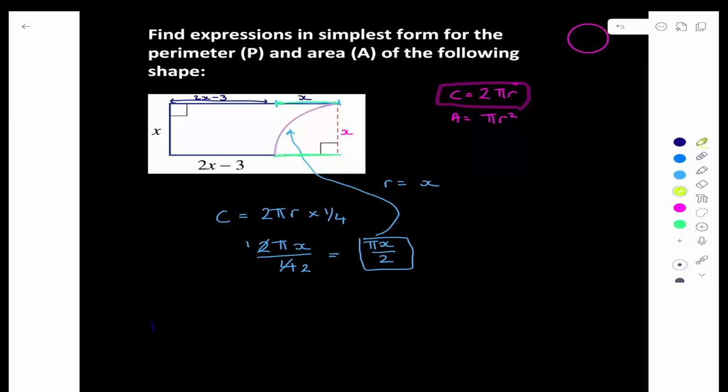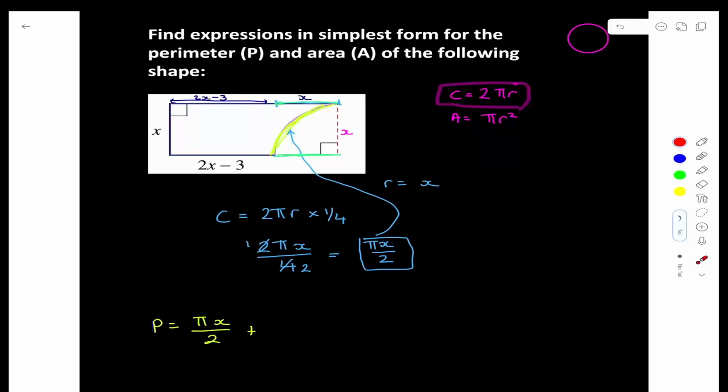So my perimeter is given by this part first, which we said was pi x on 2. Then we're going to have to add. So we've already added this distance over here. So now we just need to add that distance, and that distance. So let's add that first, which is x, plus 2x take 3, plus another x, plus another 2x take 3.